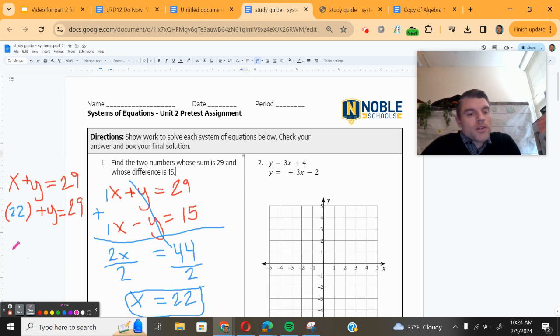And then all we have to do is subtract 22 on both sides. We're going to get y equals 7. So your answer should be an ordered pair, and it should be (22, 7).